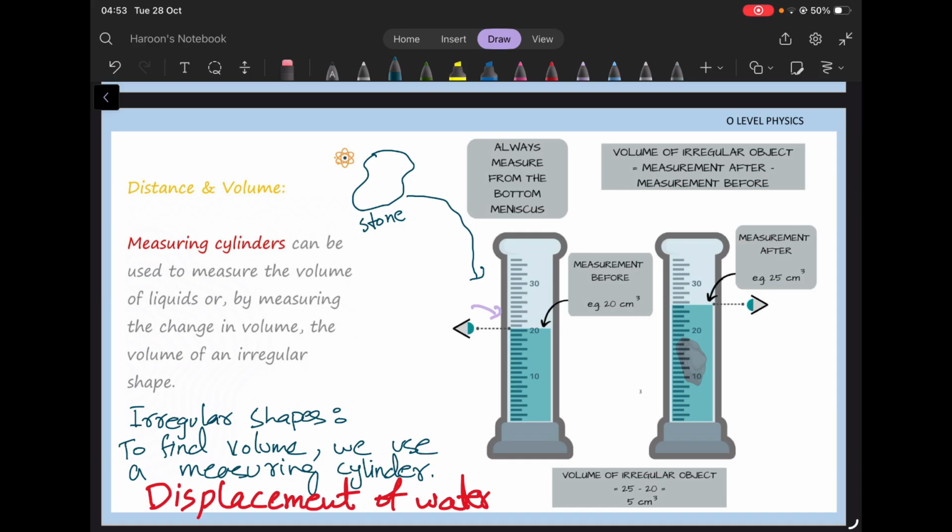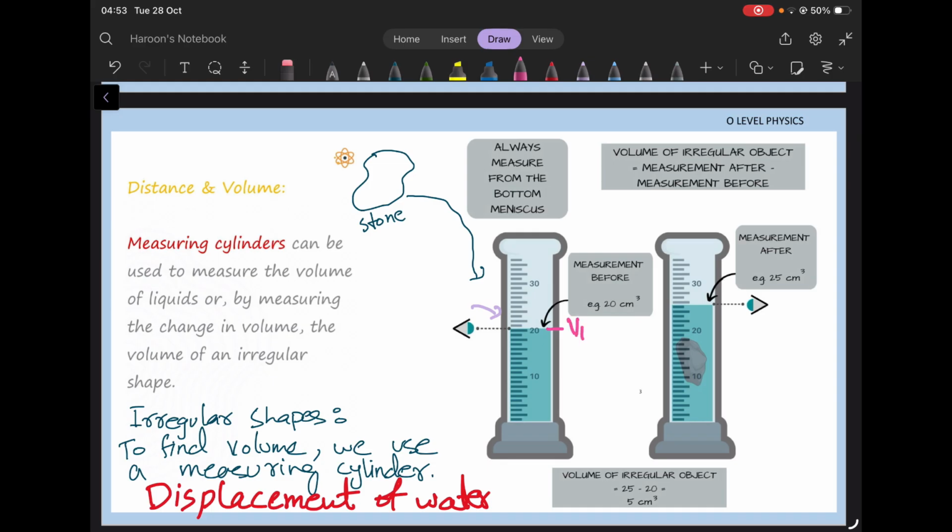So the measuring cylinder should be big enough to contain this stone, of course, or this irregular shape, and the water inside it should be high enough for this entire irregular object to fully get submerged inside the water. That is a condition. So we take the initial reading with water inside the measuring cylinder but no stone inside it. So we call this reading V1.